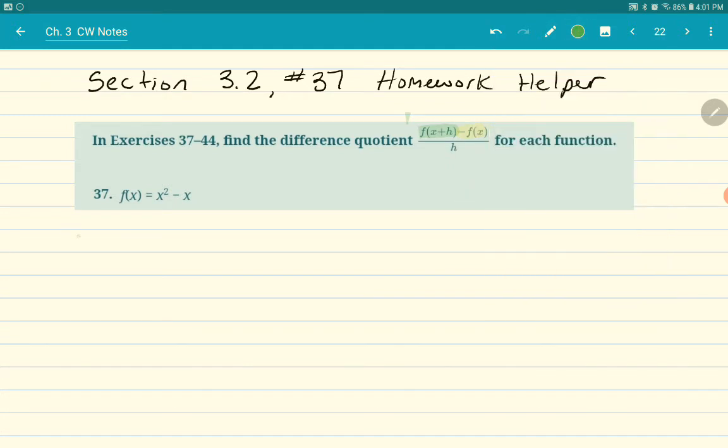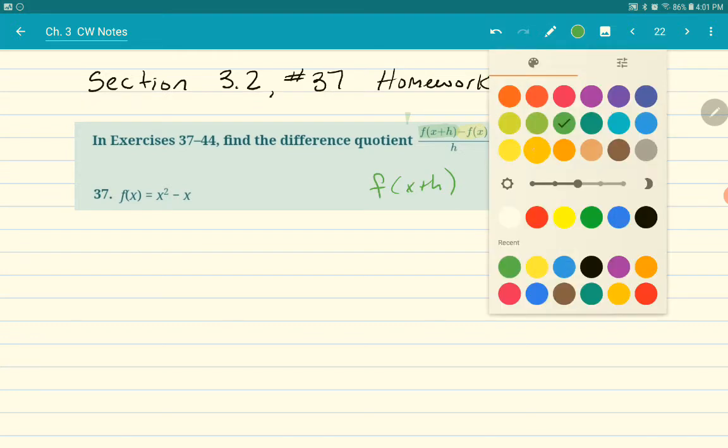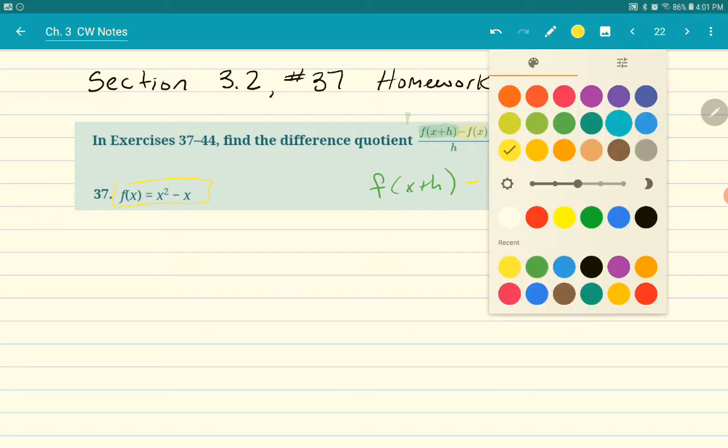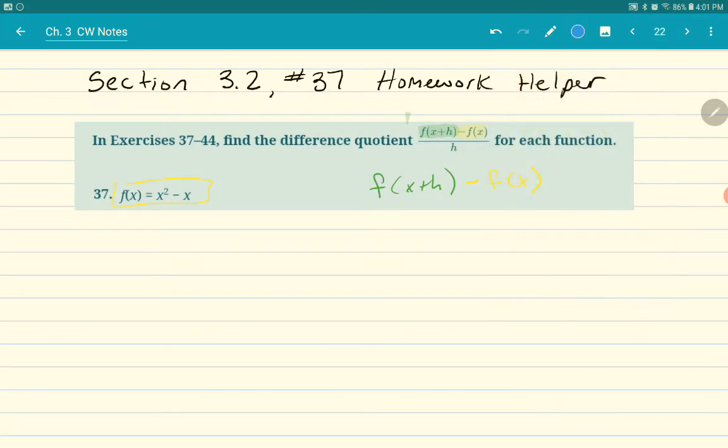Remember my end game is f of x plus h, minus f of x, all of that over h. So starting with just the green part.